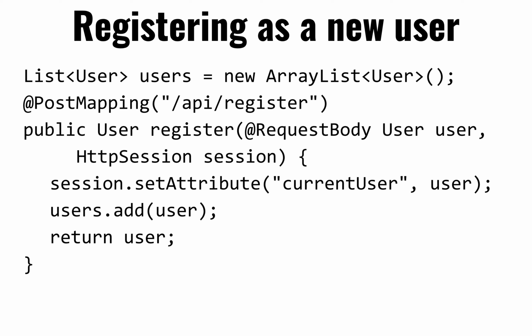Also, notice that we're going to add it to a local array of users. We just want to keep track of every user who has registered. But remember that even though that array is the same across all posts, it's only one array, we can keep track per session of who's currently logged in.